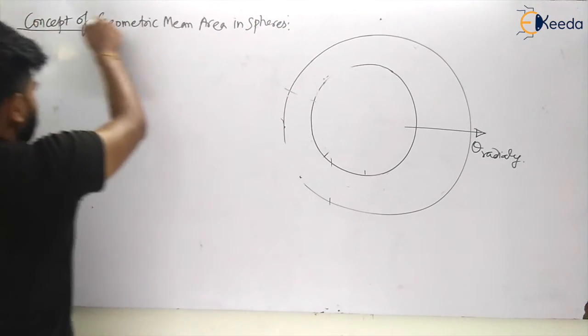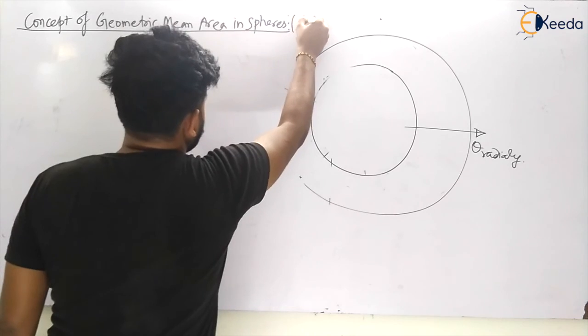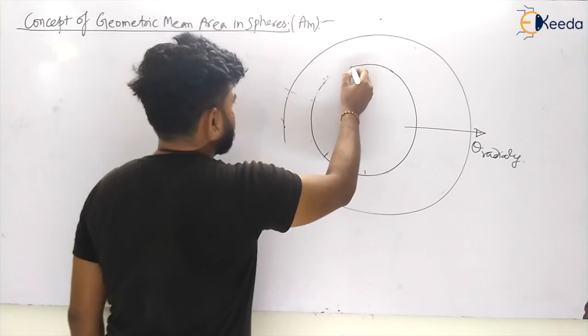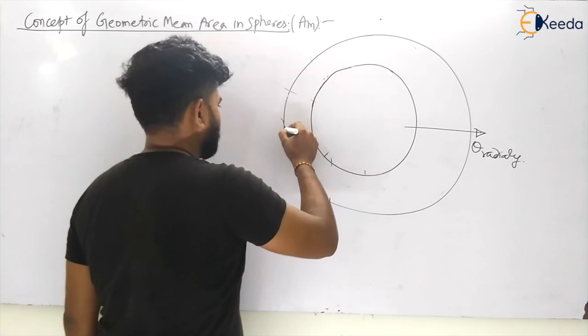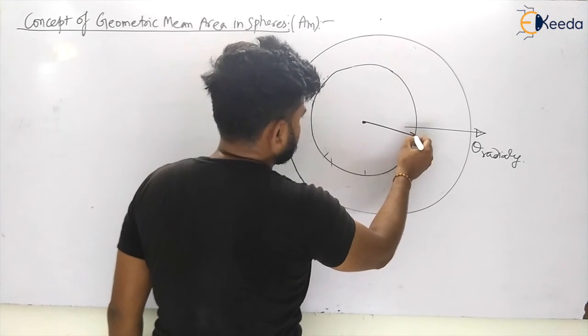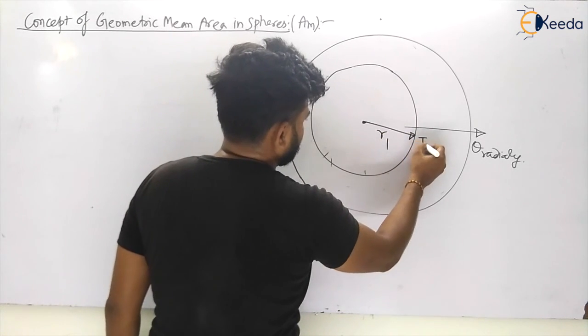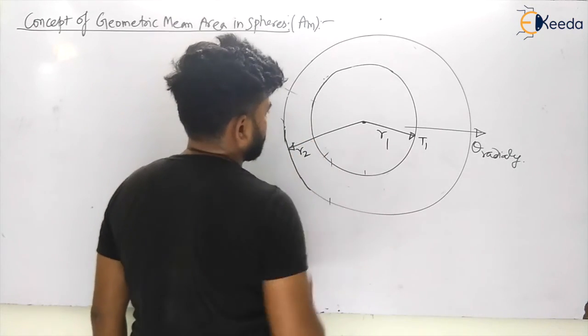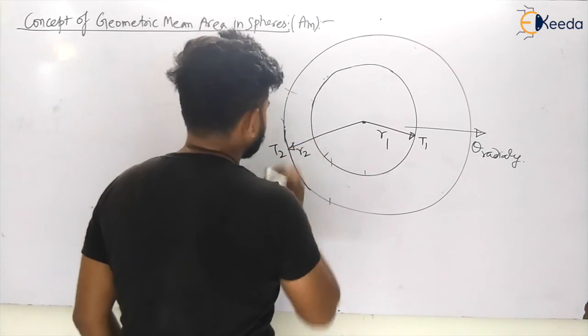So for calculating the mean area AM, what did we do in cylinders? Hopefully you remember everything. Let us take R1 and T1, and R2 and T2.